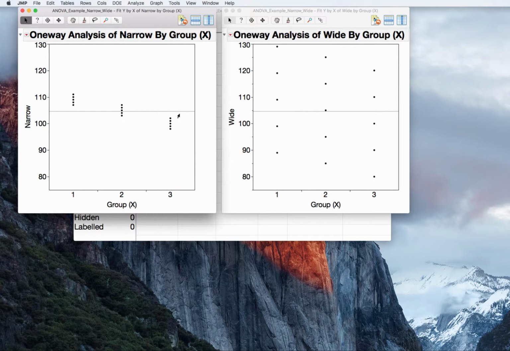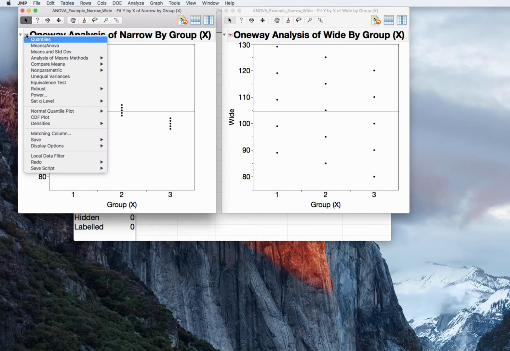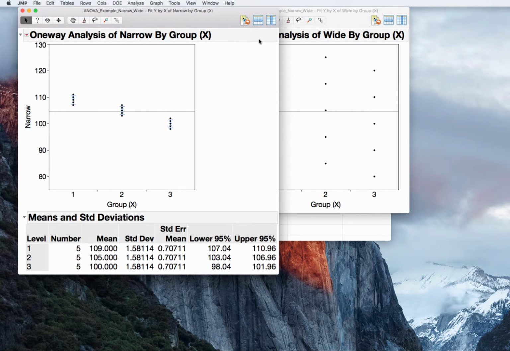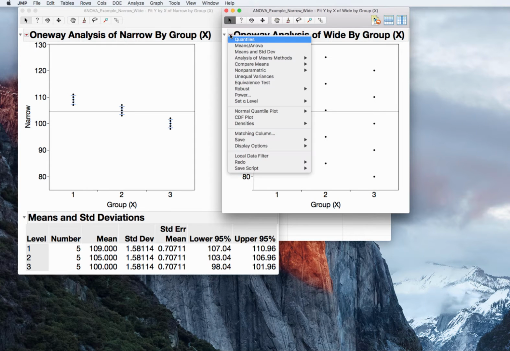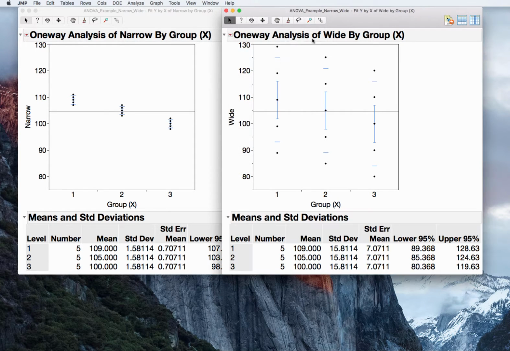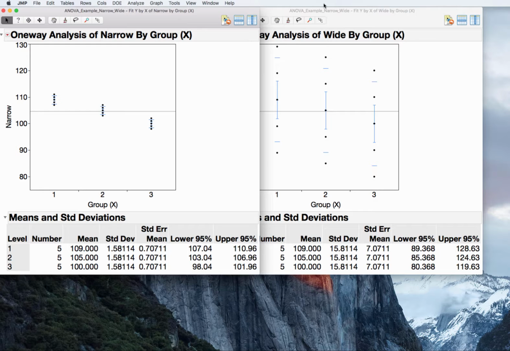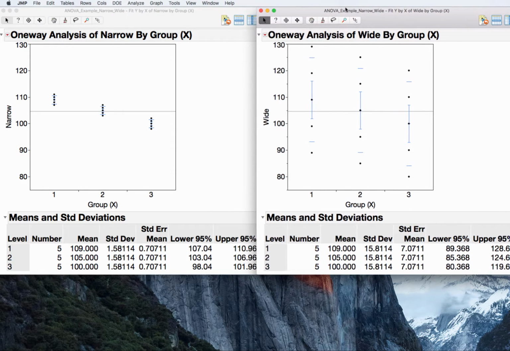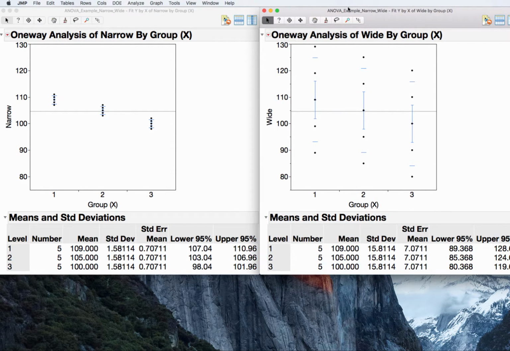What you can also see though is that the mean for each group is identical. So we can get our means and standard deviations for both our narrow versus wide. And what we can see here is that they are in fact identical.